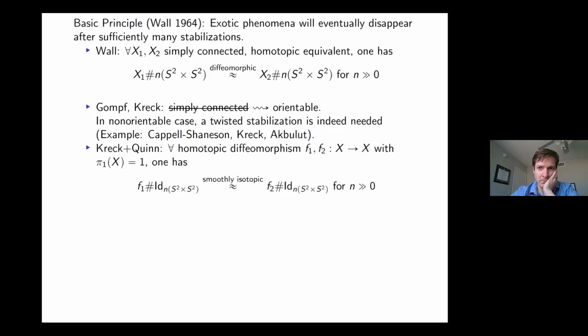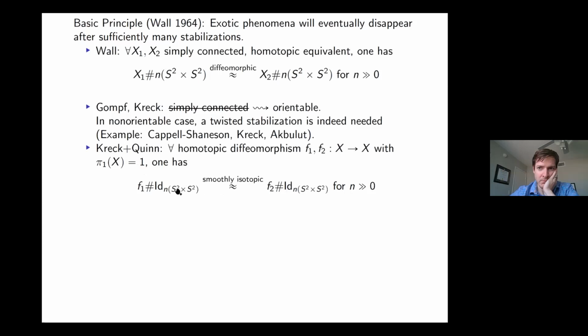The next result we know about this principle is by the combined work of Quinn and Gabai, and it says that for any two homotopic self-diffeomorphisms F1, F2 on some simply connected four-manifold X, after sufficiently many stabilizations, they become smoothly isotopic to each other.